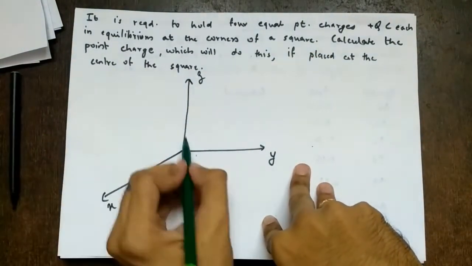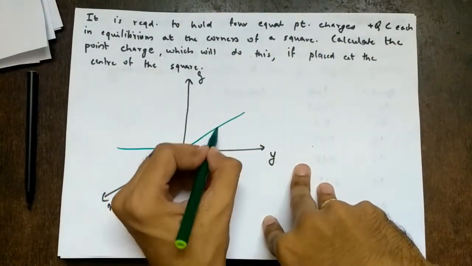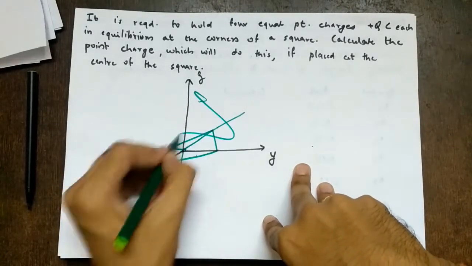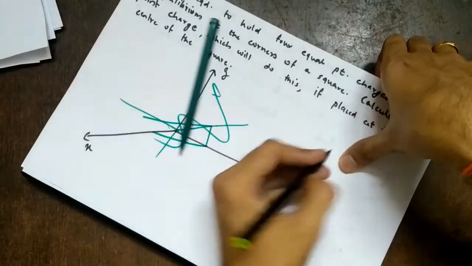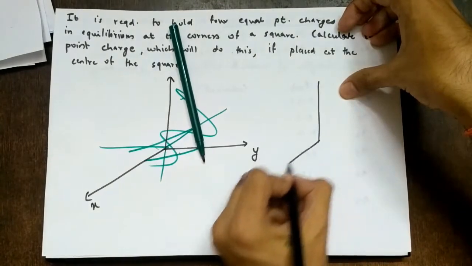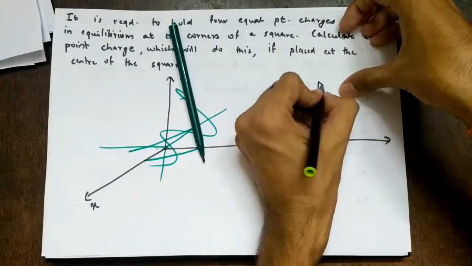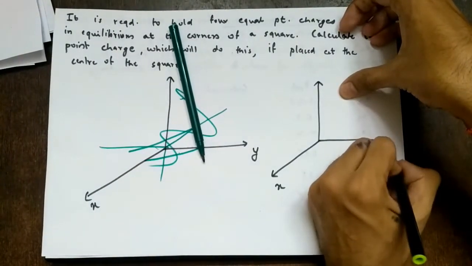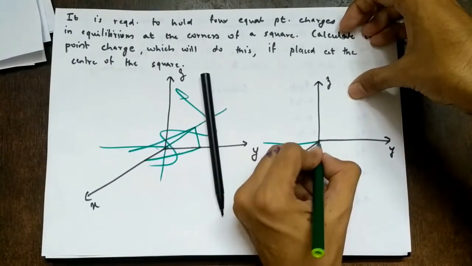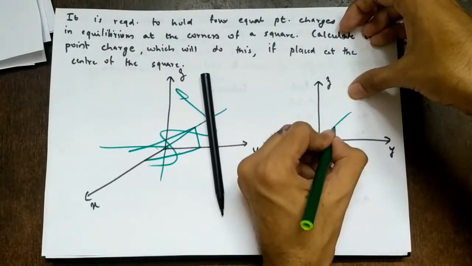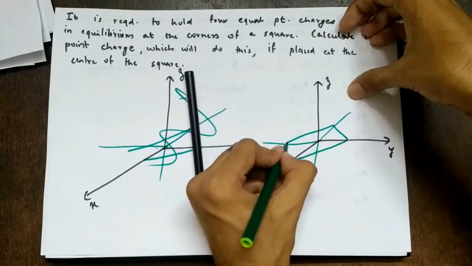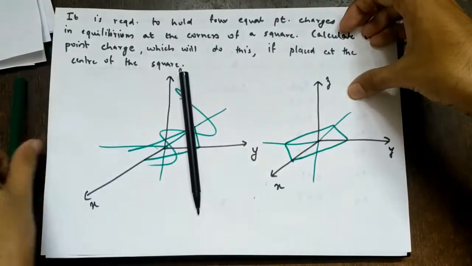So again, we'll require negative axis. I missed it. So I will again draw it here. So this is your square.